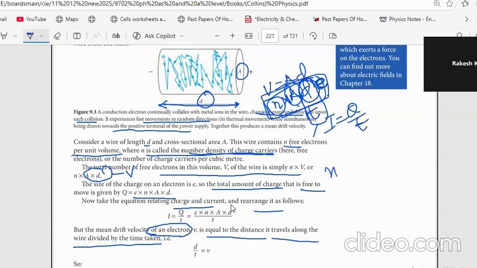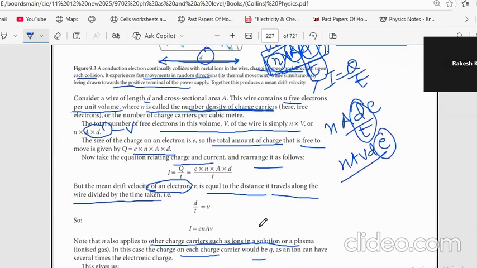instead of n A D e by t, it becomes n A v_d e, where v_d is the drift velocity. He says this is true for all gases, or even in a semiconductor where there are holes, but in that case you will have q instead of e.